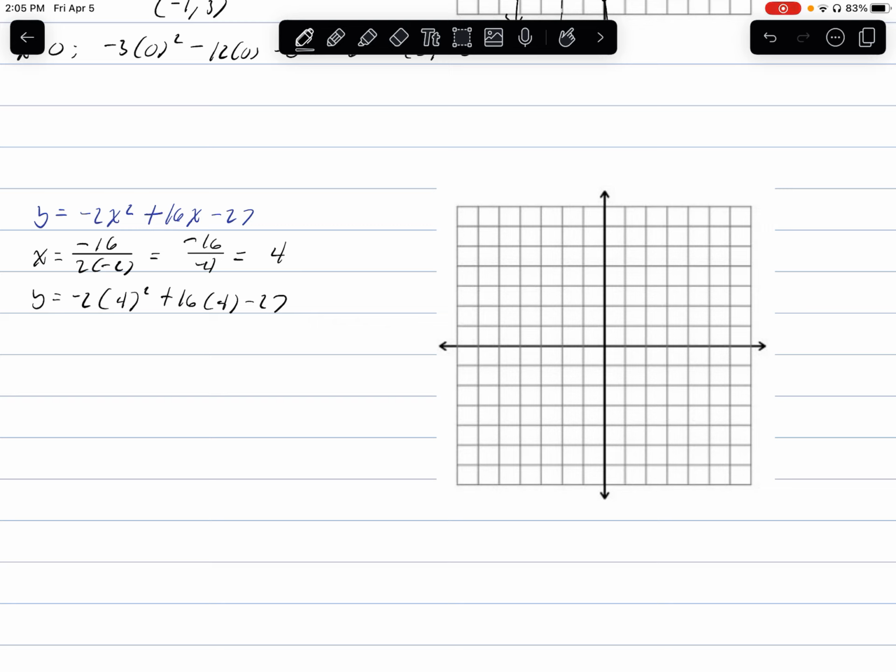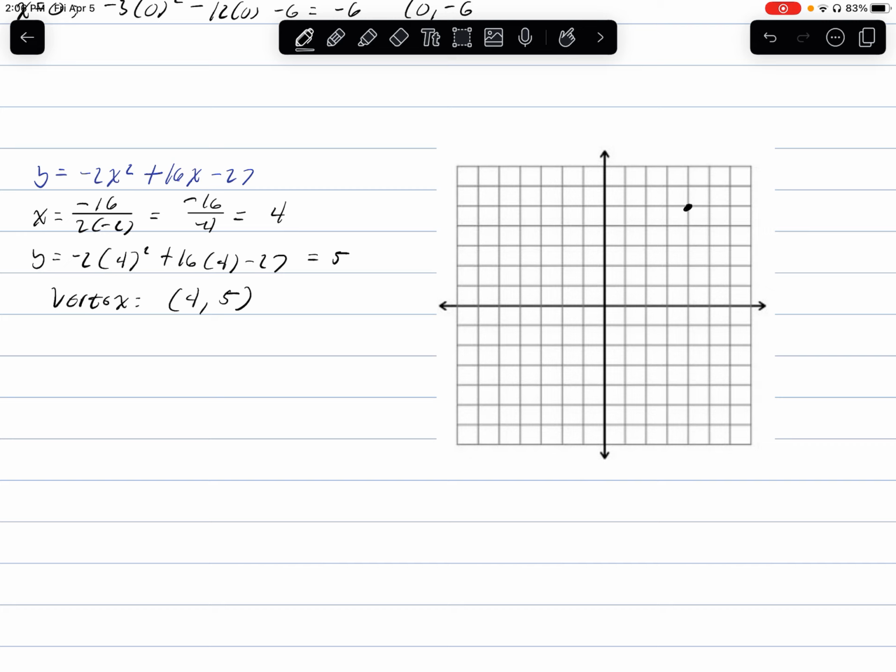That's going to give us 5. So we're going to have the point 4, 5 for our vertex. The x component is 4, the y component is 5. So we can go to the right 4, and we can go up 5, and that's going to be our vertex. Again, because that first term is negative, we know that it's going to open down, so we should have enough space on the graph.